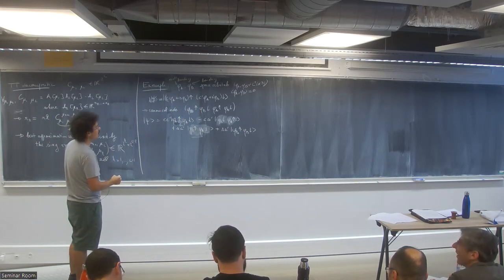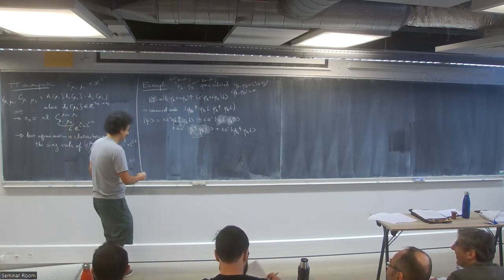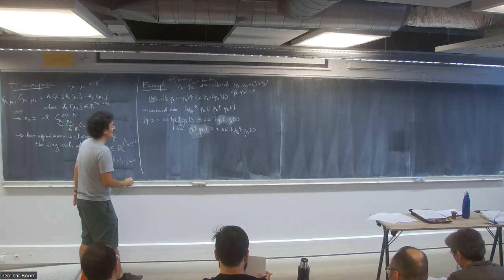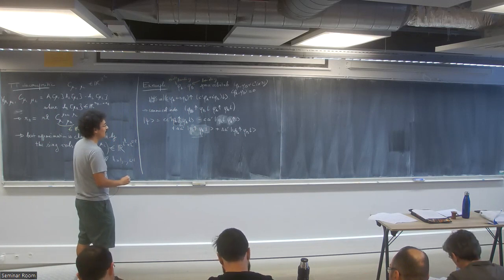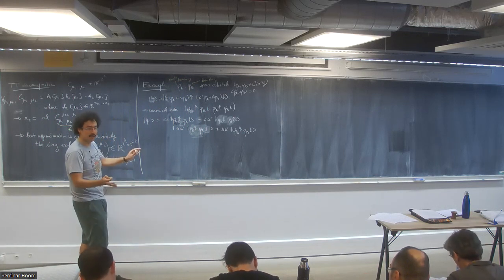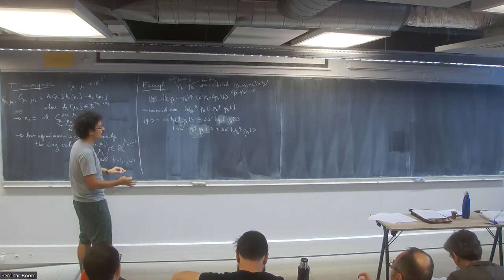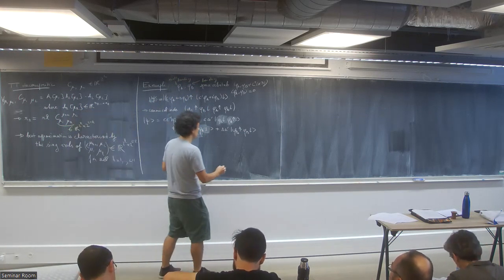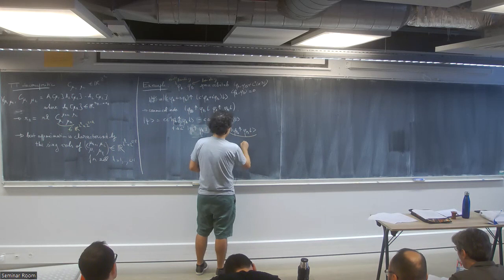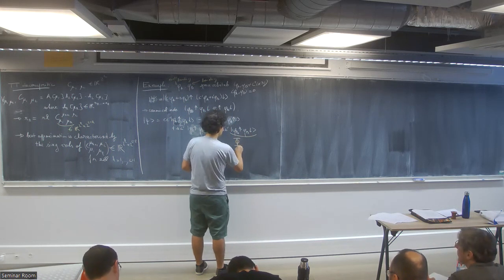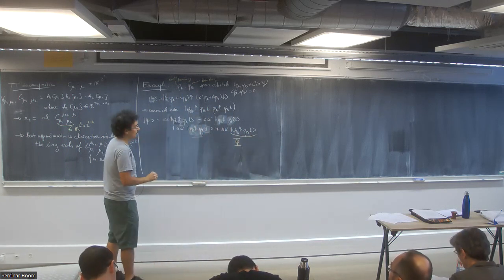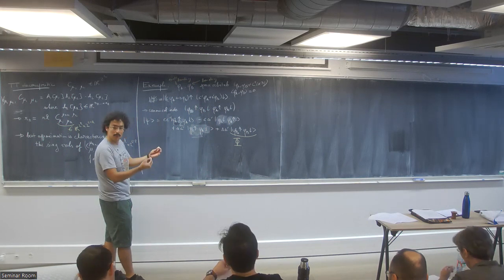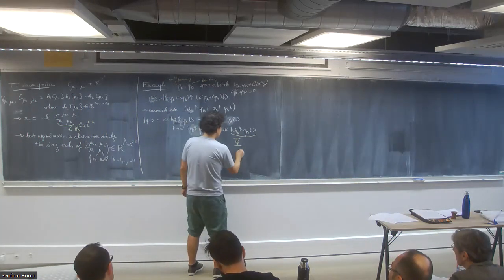I wanted to be smart, but it's kind of okay. So now I write it in terms of occupation numbers. If you recall, I parameterize these Slater determinants by looking at whether each orbital is occupied or not.